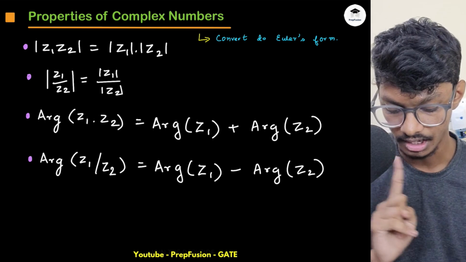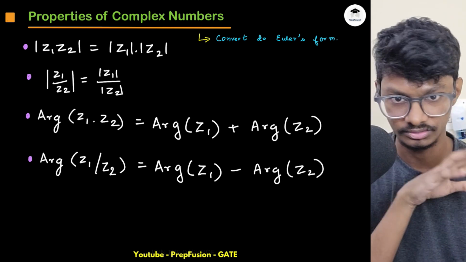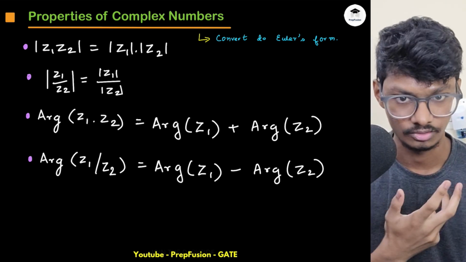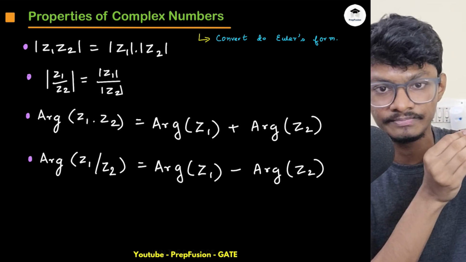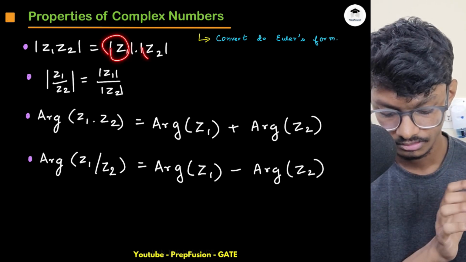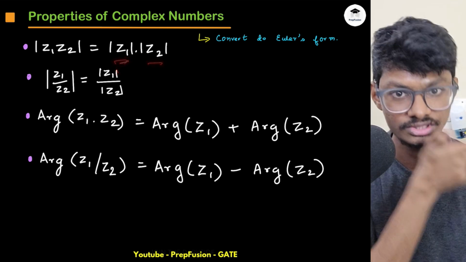It will be r1 e raised to power i theta 1, r2 e raised to power i theta 2. Now it will be r1 r2 into e raised to power i theta 1 plus theta 2. Now the magnitude of e raised to power i whatever, I can name this theta 3, will be 1, and I will be left with r1 r2, which is simply the individual multiplication. Magnitude of z1 is r1, magnitude of z2 is r2.